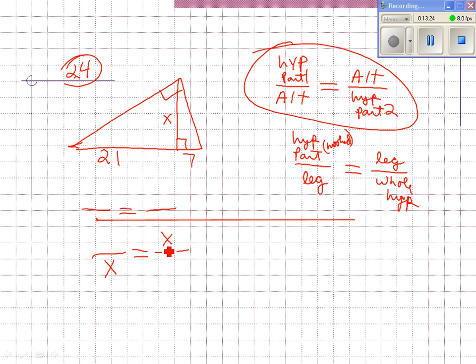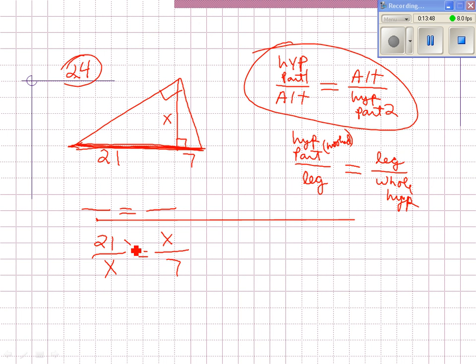What is hypotenuse part 1? 21. What goes here? 7. Now, somebody said 7 up here. Does it matter? No, for this one, it doesn't matter which part goes where. Remember, when you're talking about the hypotenuse, you're talking about the hypotenuse of the big triangle.